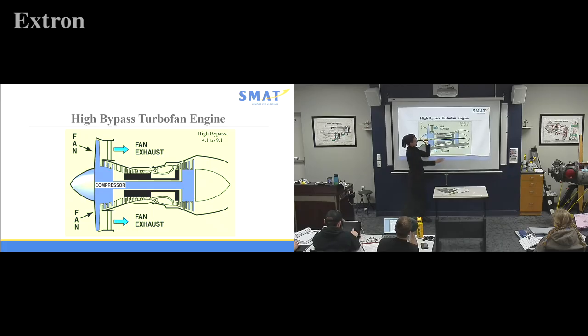The turbine is connected here, driving our fan or first stage compressor. Around this shaft, basically a tube, riding on bearings, is this inner compressor, and a turbine driving this compressor.